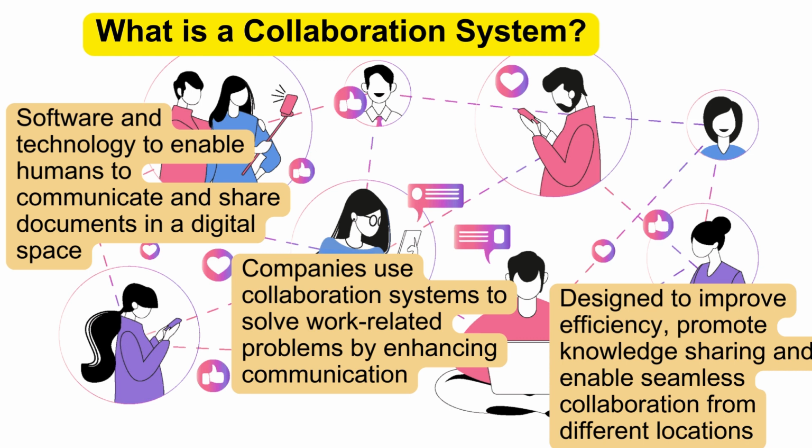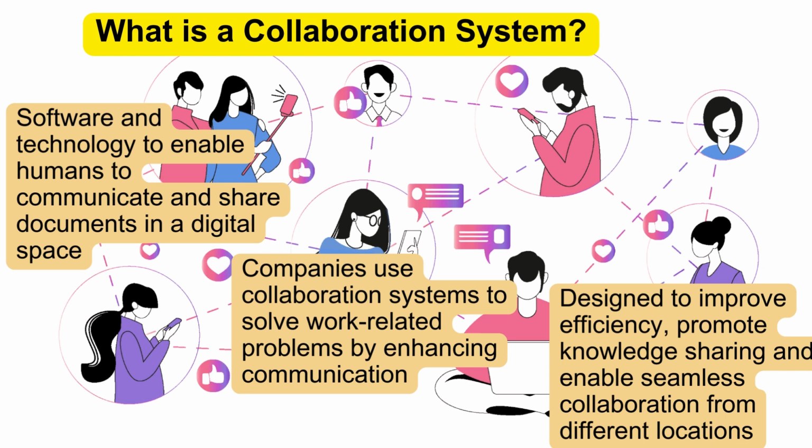Next, we look at IT systems used for collaboration in an organizational setup. A collaboration system uses software and technology to enable humans to communicate and share documents in a digital space. Companies use collaboration systems to solve work related problems such as chaotic communication, paper heavy processes, or inability to offer workers telecommuting opportunities.